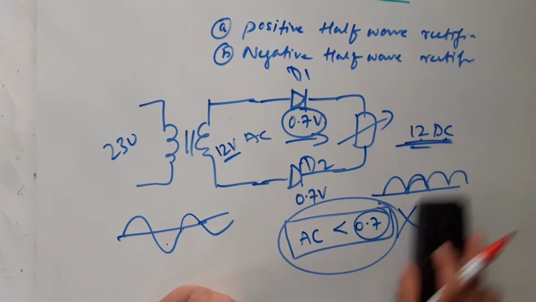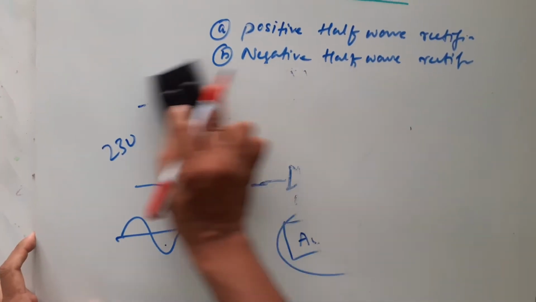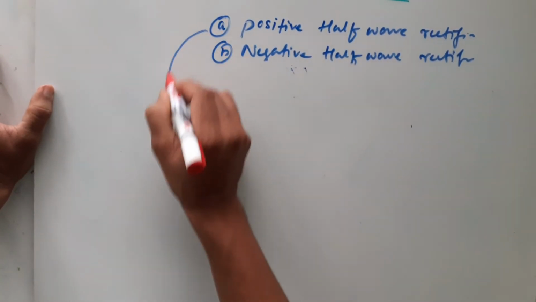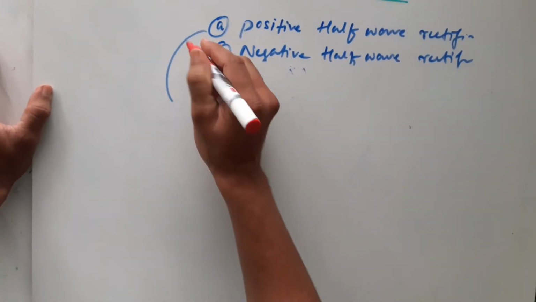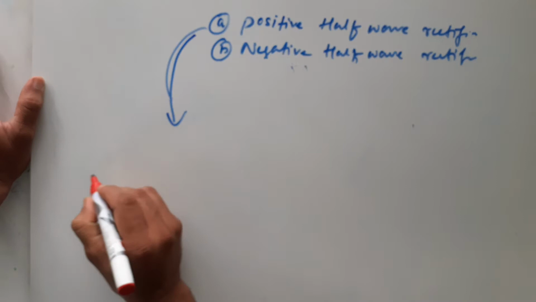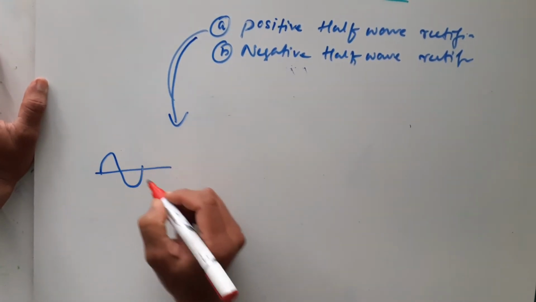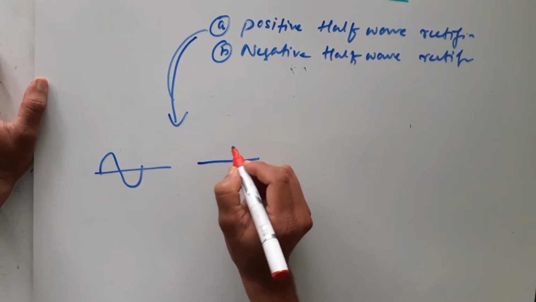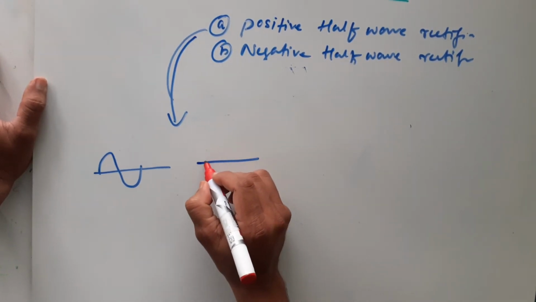Now precision positive half wave and negative half wave mean this: for the first one, if this is the input, your output will be only this.